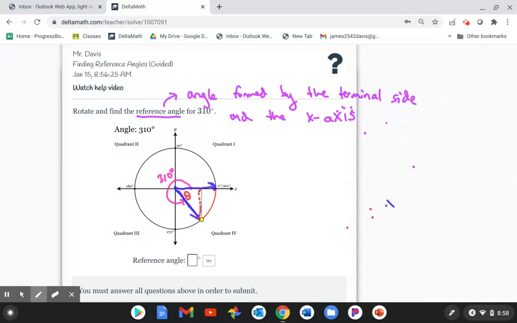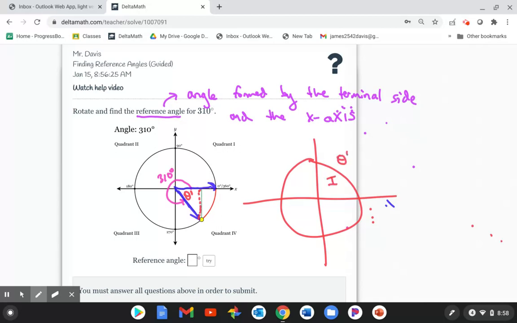All right, and how we're going to figure that out is pretty simple. Each quadrant is going to be a little bit different. I'm going to call this theta with a little line up there, theta prime, since we're talking about reference angles. I'm going to give you 4 little formulas here. If we're in the first quadrant, theta prime equals theta.